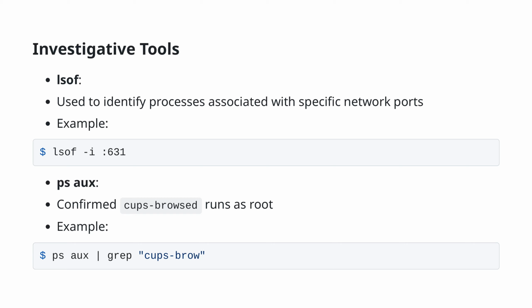For instance, using lsof -i :631, we can see exactly which process is using port 631. Additionally, the ps aux command can confirm that cups-browsed is indeed running as the root user. Running ps aux | grep cups-brow shows the detailed process information. These investigative steps are valuable for understanding the processes and services on your system, setting the groundwork for identifying potential security issues and misconfigurations that need to be addressed.